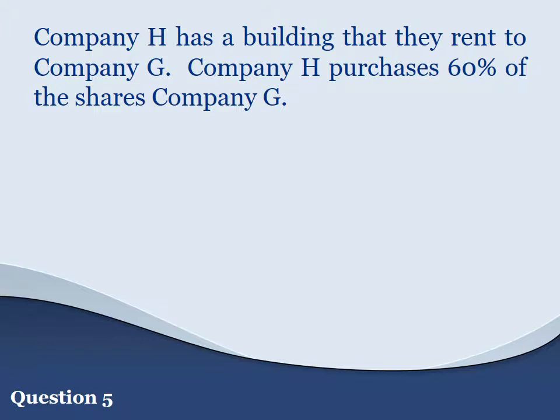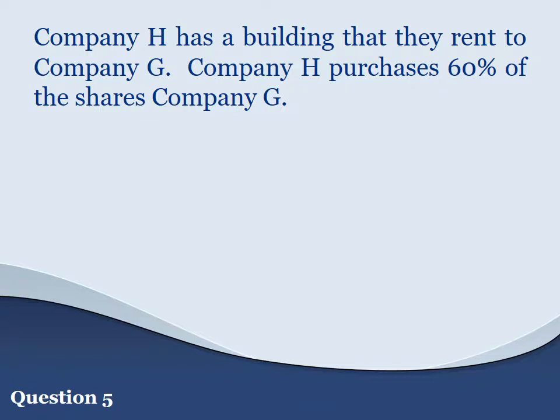Company H has now acquired Company G. We assume that at 60%, that's a controlling stake. So if they've now acquired a controlling stake in Company G, then these companies all make up the same group of companies now.